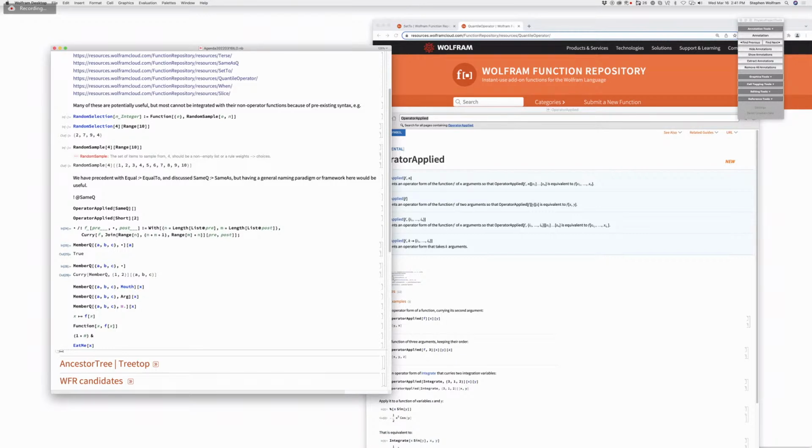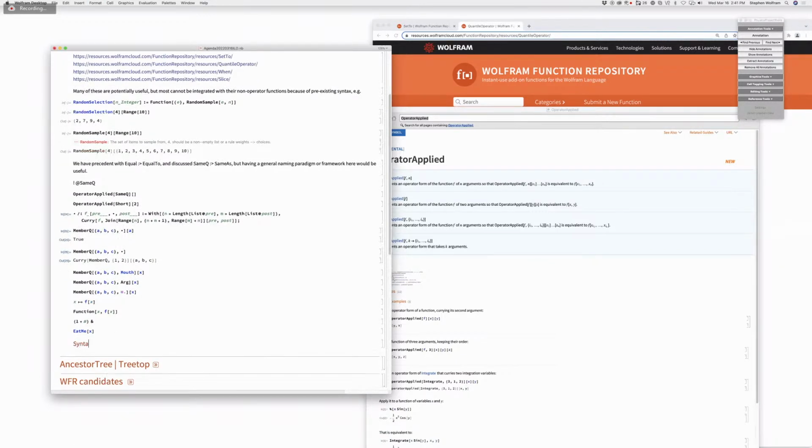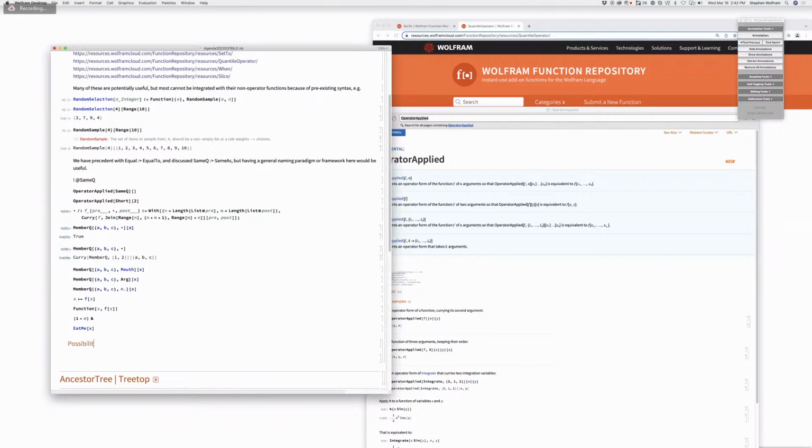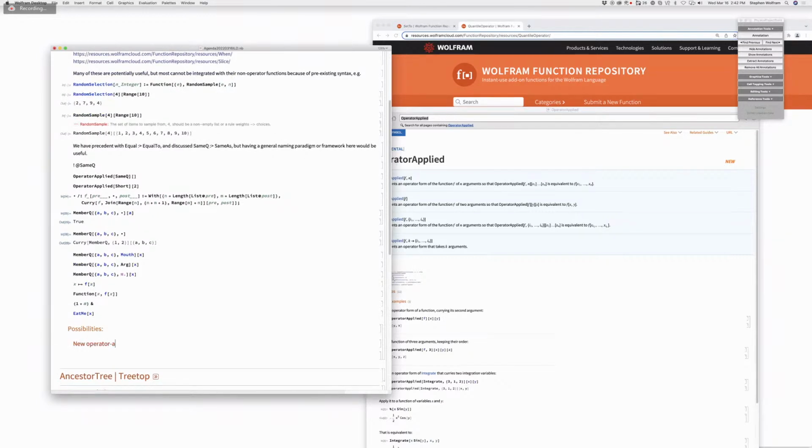That's okay. So what are our possibilities? These are our possibilities. One is new operator form functions for popular cases.